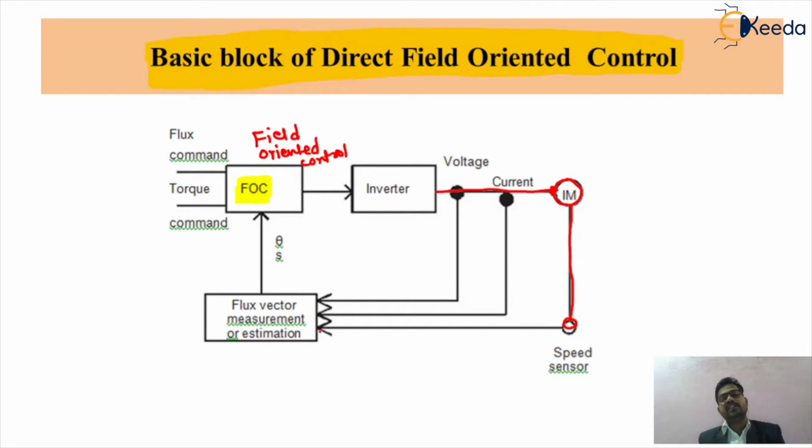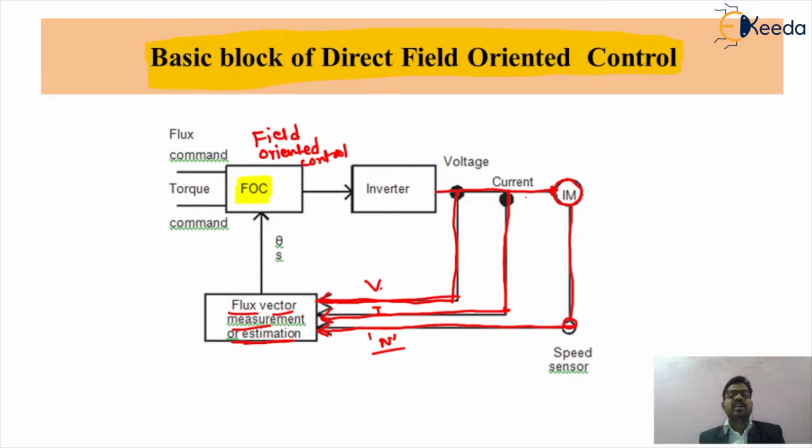This speed sensor will give the reference speed of that induction motor to the flux vector measurement, or flux vector estimator. From the induction motor we are again sensing the stator value of your current, and the reference value of your voltage. So this will be the voltage, this will be the current, and this will be the speed.